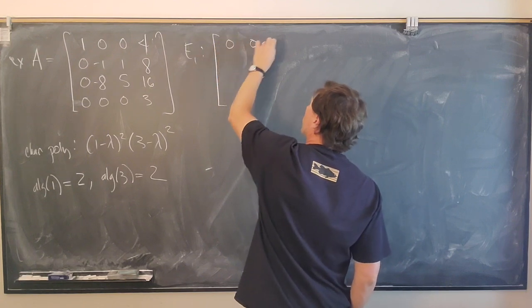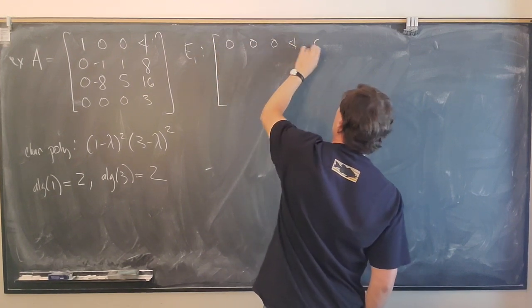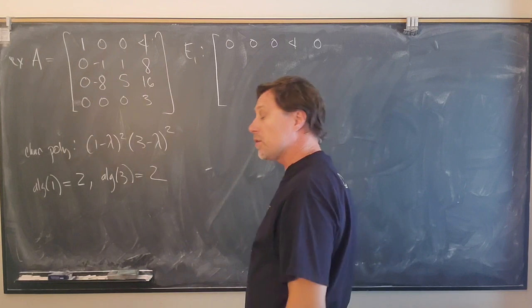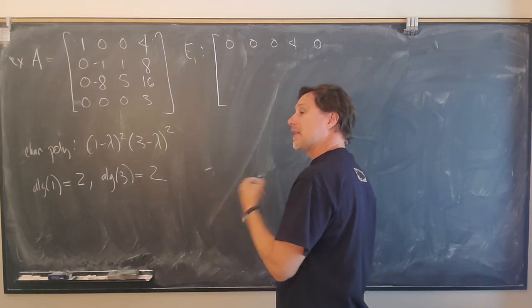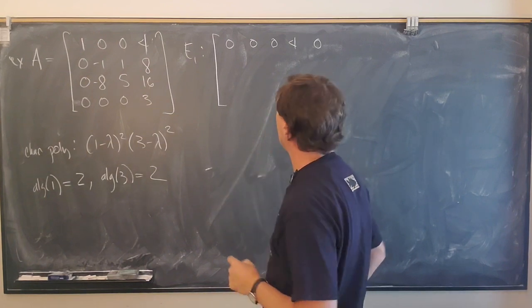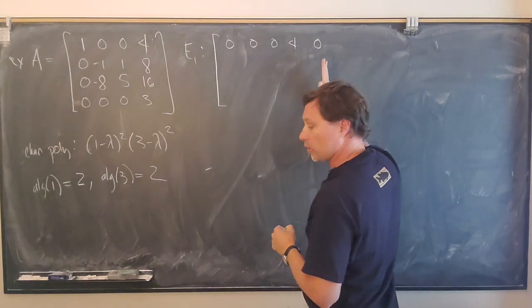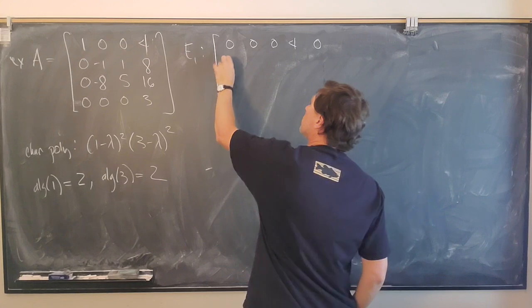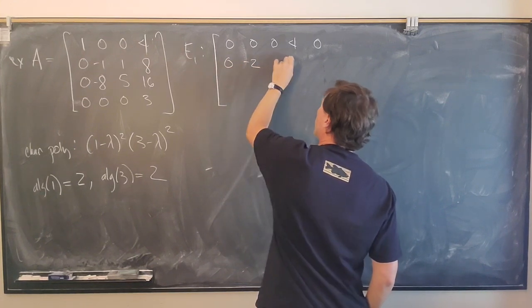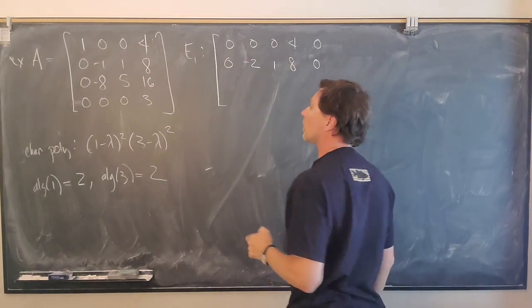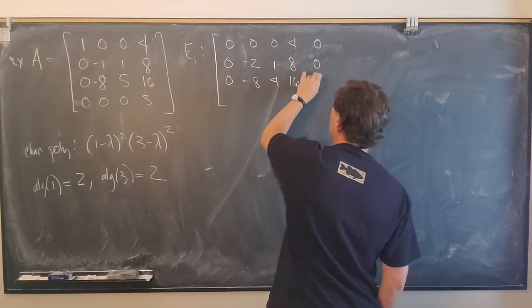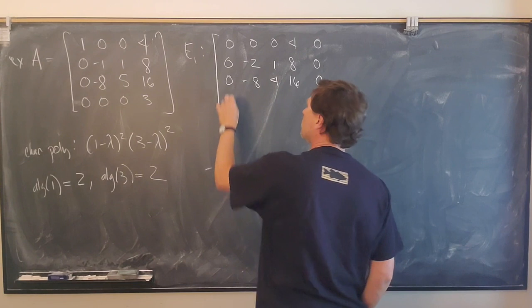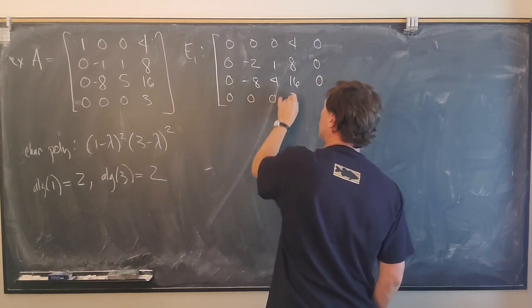Remember, I'm looking at the null space of A minus lambda I, so we're looking at the homogeneous system. 0, 0, 0, 4, 0. 0, minus 2, 1, 8, 0. 0, minus 8, 4, 16, 0. 0, 0, 0, 2, 0.